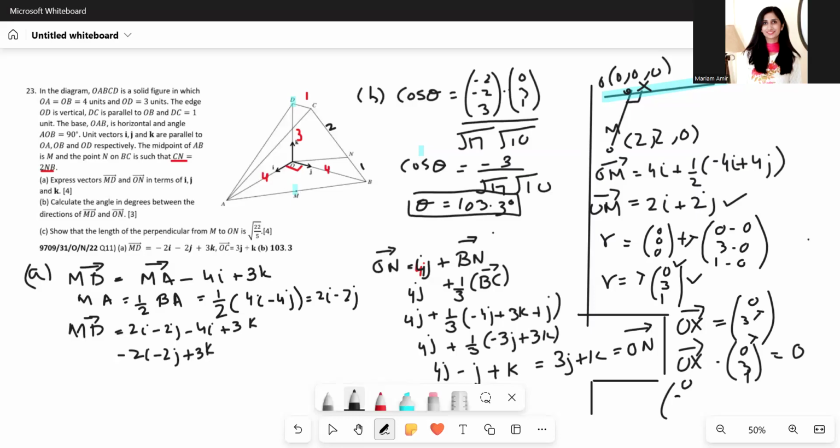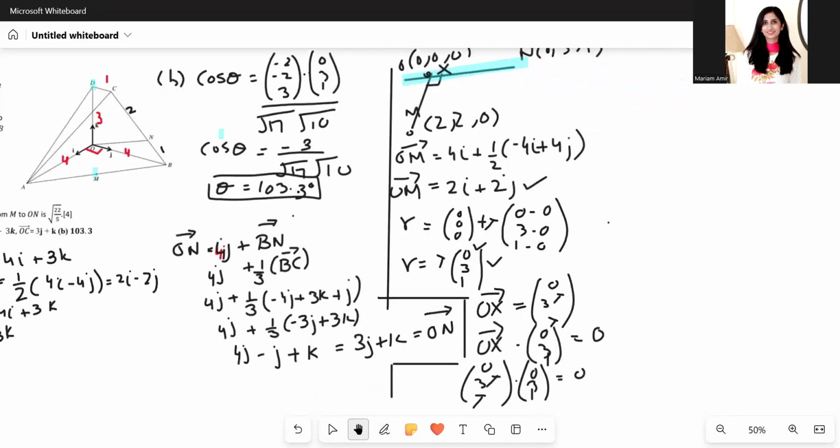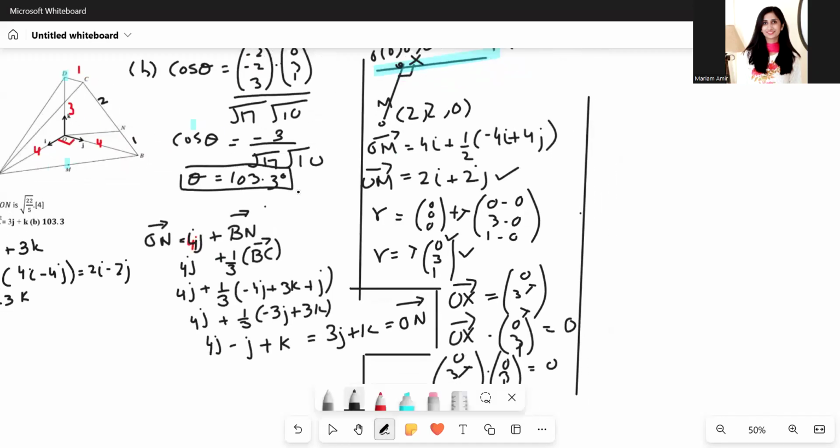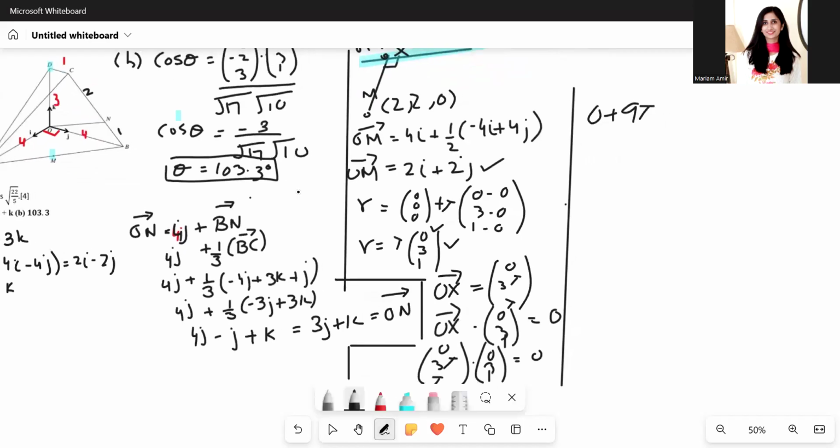So 0, 3 lambda and lambda dot 0, 3, 1 equals 0, which gives us 9 lambda plus lambda is equal to 0. So 0 plus 9 lambda plus lambda equals to 0. So that gives us, nice, something has gone off.